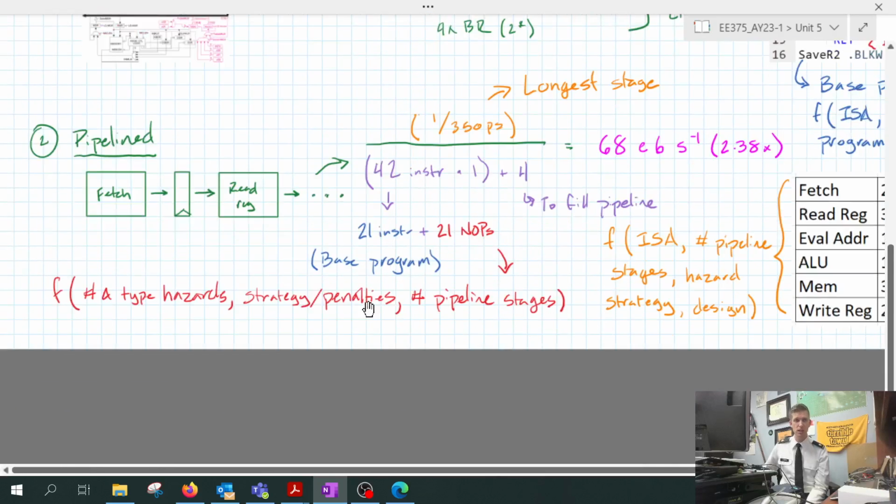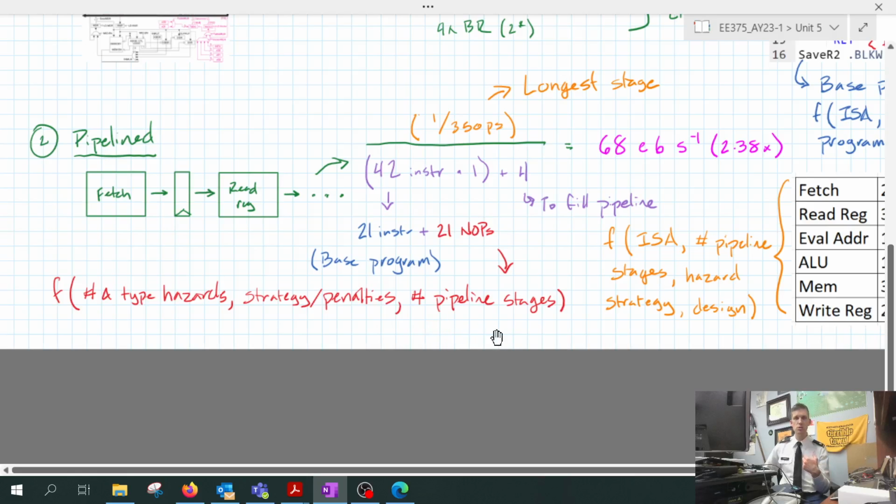And then additionally, you can see here that the number of no operations, at least for a pipeline processor, is a function of several things. The number and type of hazards in my program can affect how many no operations get inserted. What strategy I use to resolve my hazards affects how many no operations are in my final program.